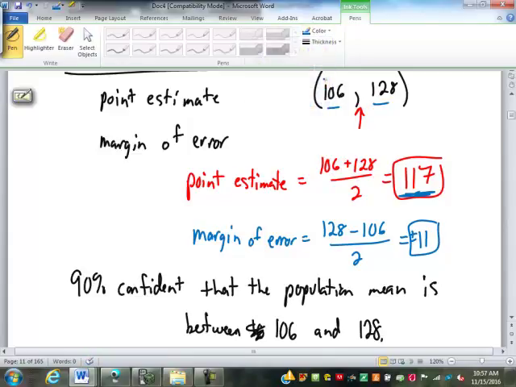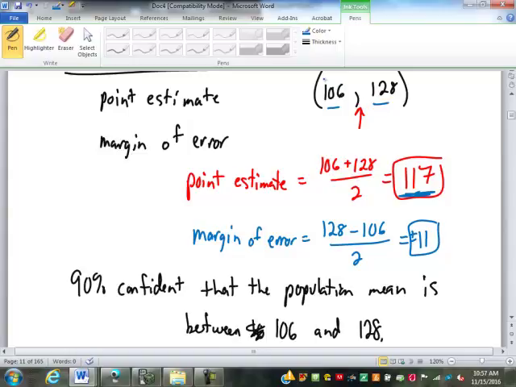So what that's saying is, remember we talked about that whole distribution, the fact that if you have the mean of the population, the mean of the samples is going to be distributed around that population mean. And so what we're doing is we're finding a range that is wide enough that it would contain 90% of those sample means. But we're not starting with the population mean, we're starting with the sample mean.